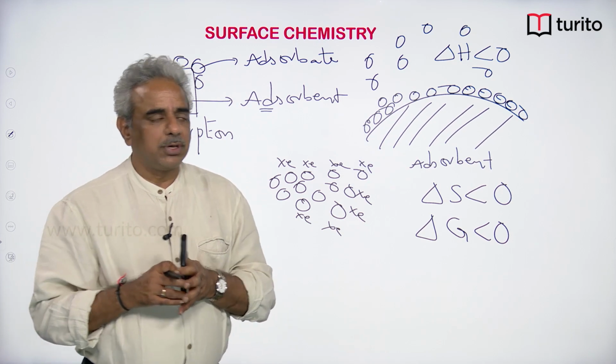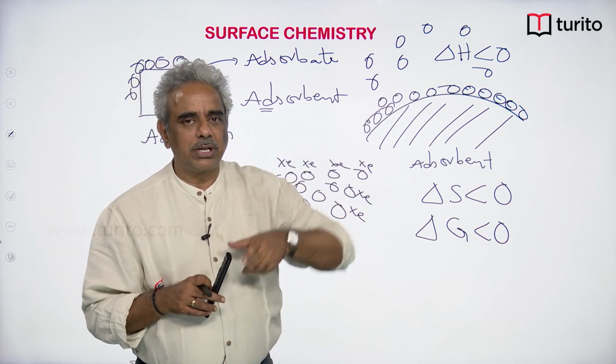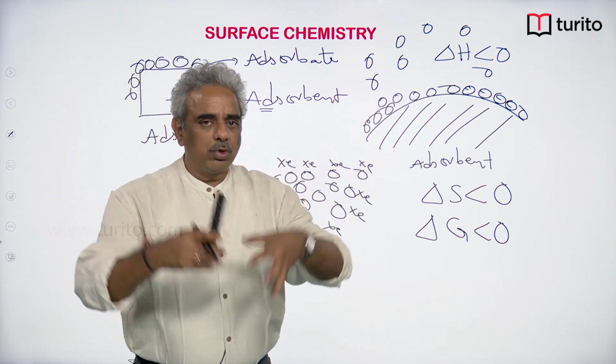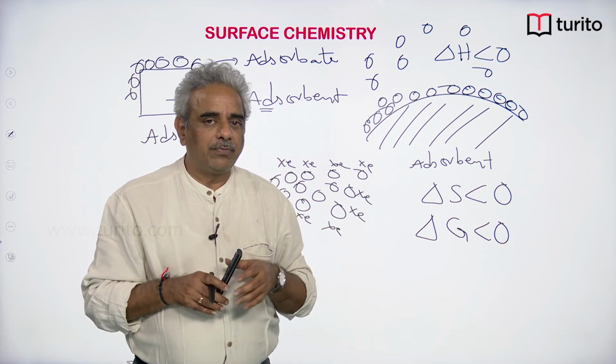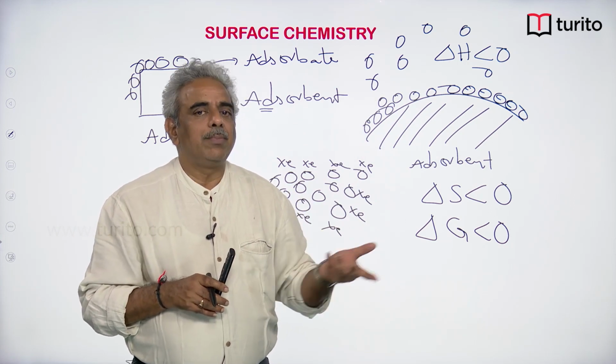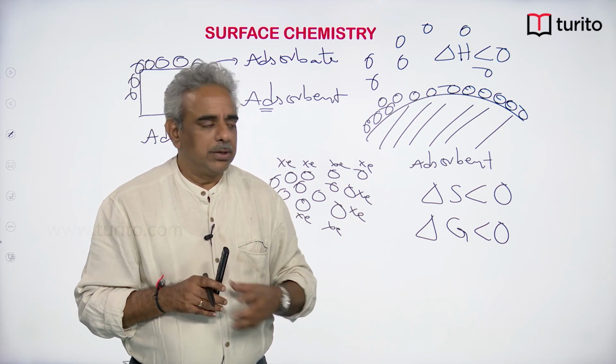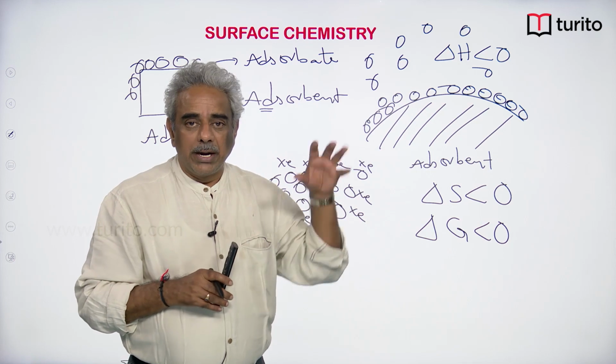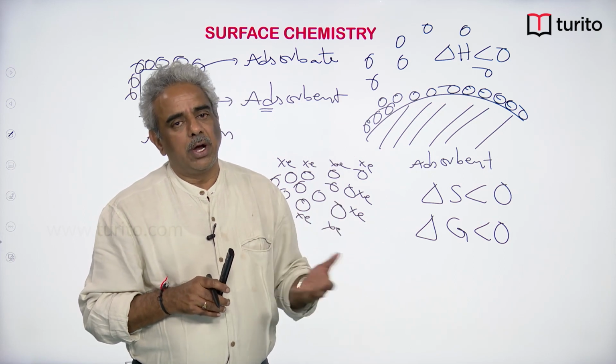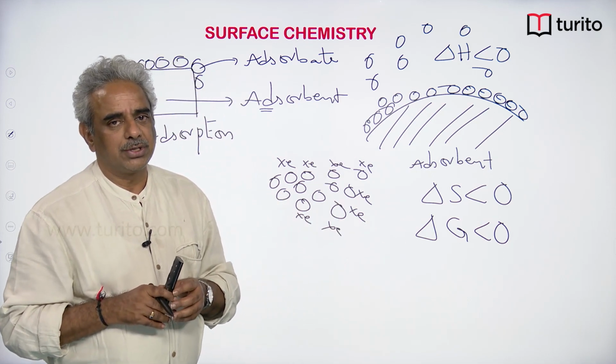So, during adsorption some heat is lost, so it is an exothermic process. The molecules lose their freedom and settle down on the surface. If the randomness is lost, we call it loss of entropy, so delta S is negative, and anything happening spontaneously, we call it delta G negative, Gibbs energy loss.